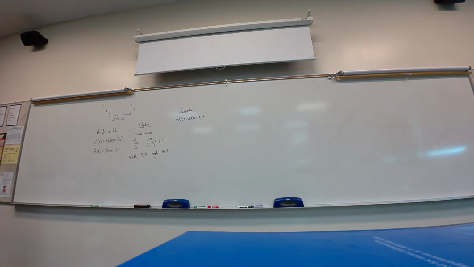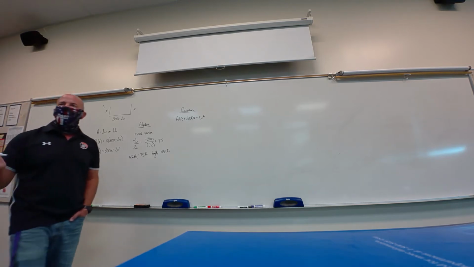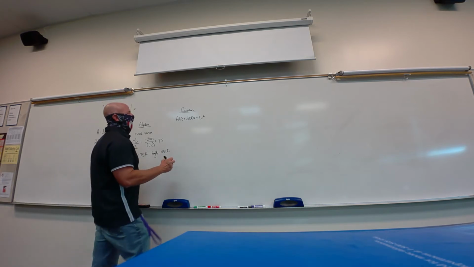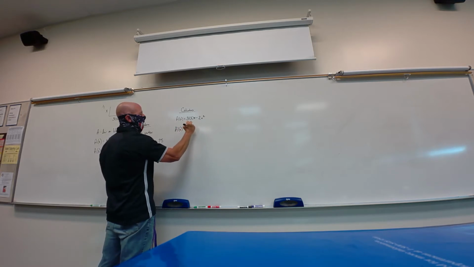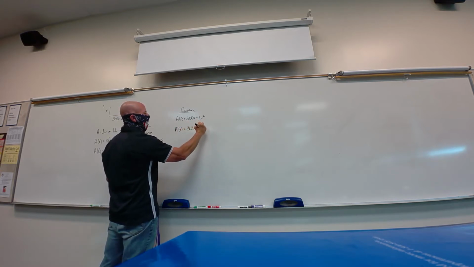At a max or a min, right? The relative max or min, the slope of the tangent line is going to be 0. And we've talked about that over and over. So if I want to know where that's going to happen, I look at the derivative. 300 minus 4x is 0. X is 75.